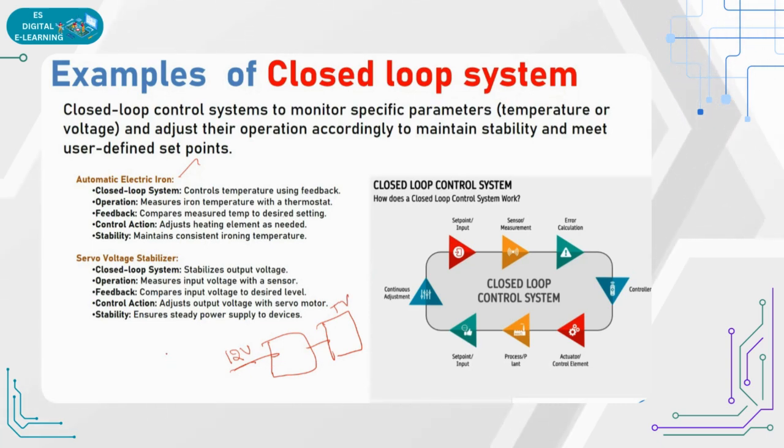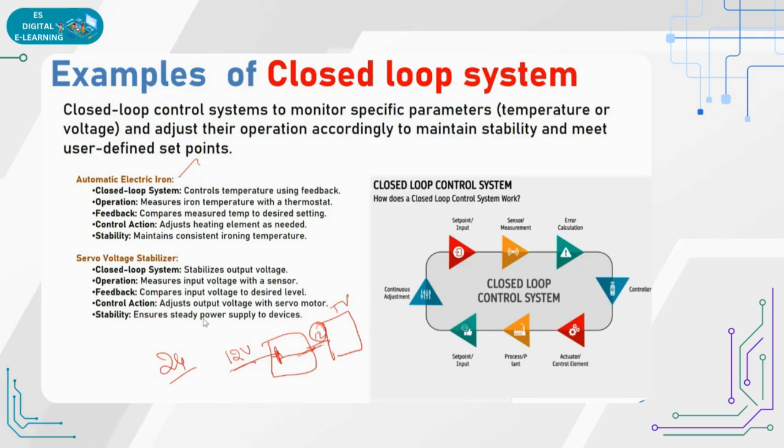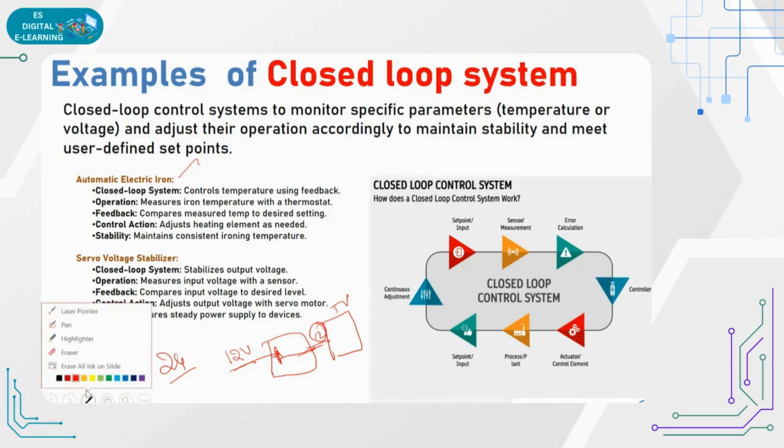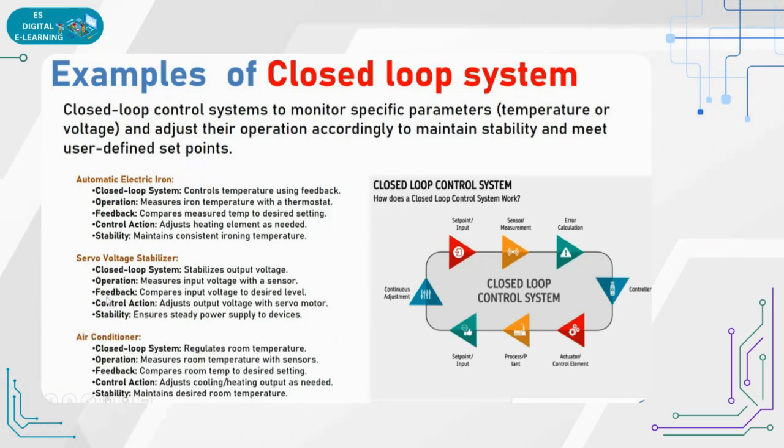If you give 24 volts, what will happen? The TV allows only 12 volts, so it will stop that 24. It acts as a kind of filter and sends only 12 volts. It is a kind of stabilizer that is adjusted automatically and centers the voltage. And the air conditioner is also one example of a closed loop system.